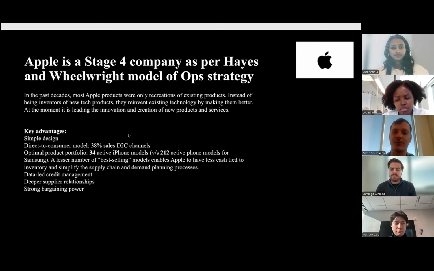It's a stage 4 company as per the Hayes and Wheelwright model of operations strategy. Its focus is on design and the direct-to-consumer model. 38% of sales happen in its own shops. And it has an optimal product portfolio, which also adds to the effectiveness of its operations.